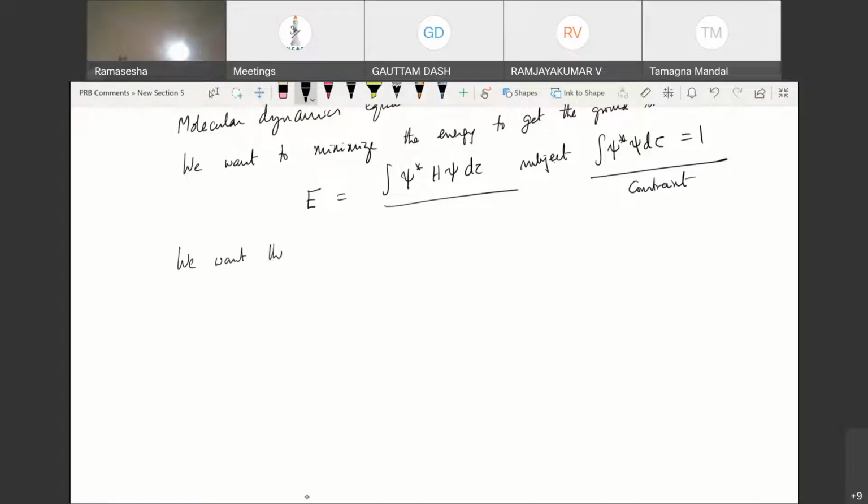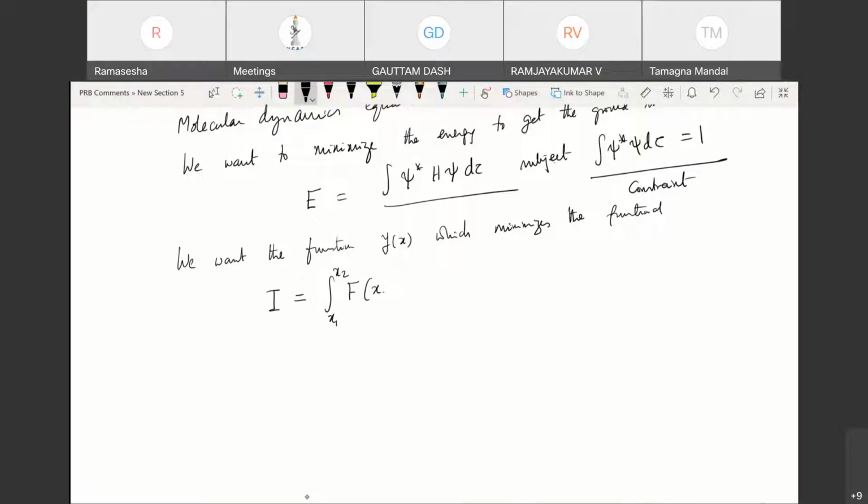We want the function y of x which minimizes the integral I of f of x comma y of x comma y prime of x dx.